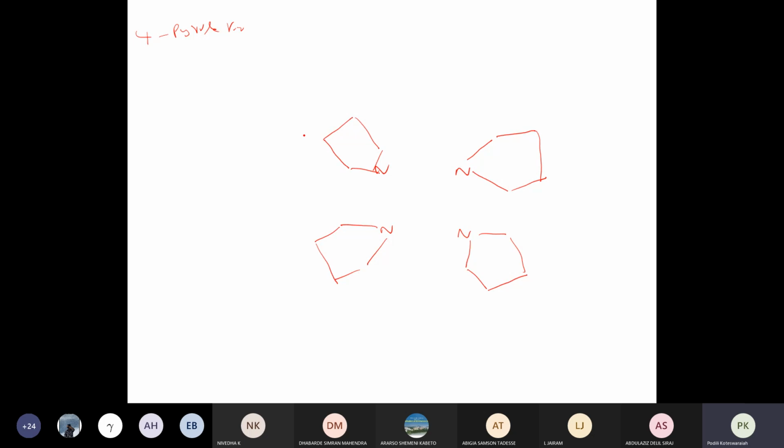And these 4 pyrrole rings are linked by 4 methylidine bridges. So you can see here, these 4 pyrrole rings are linked by 4 methylidine bridges. Here it is CH2, and here it is also again linked by one more methylidine bridge, one more methylidine bridge, one more methylidine bridge. So 4 methylidine bridges. Then in addition to this, it has 4 methyl groups.